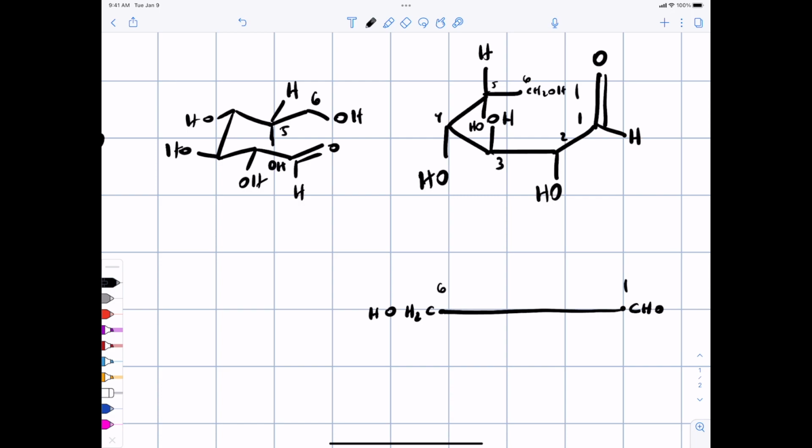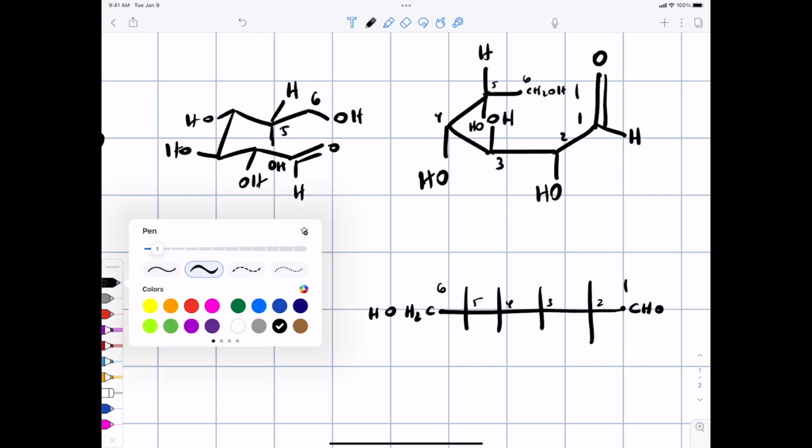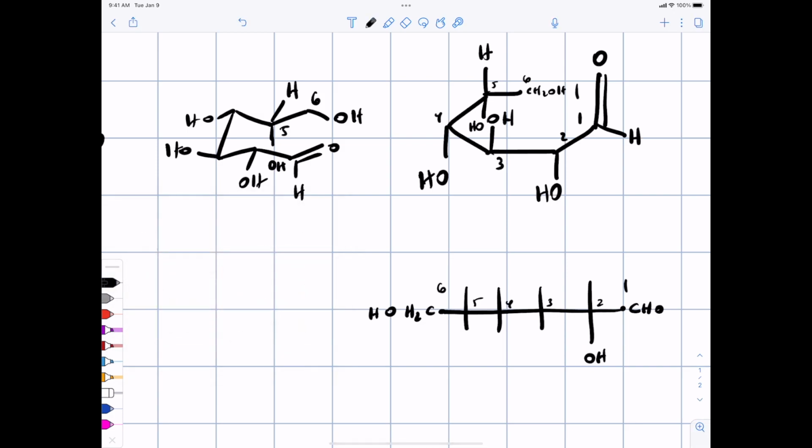Then we're going to draw cross lines for carbons 2, 3, 4, and 5. And then when groups are down, we're going to have them down here in the Fischer projection. When groups are up here, they'll be down here.